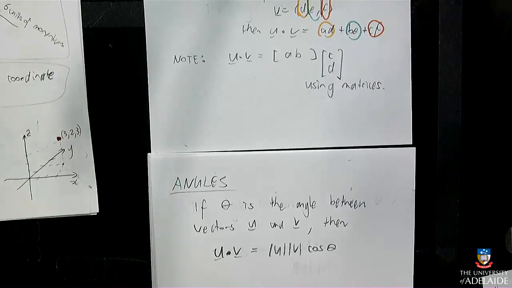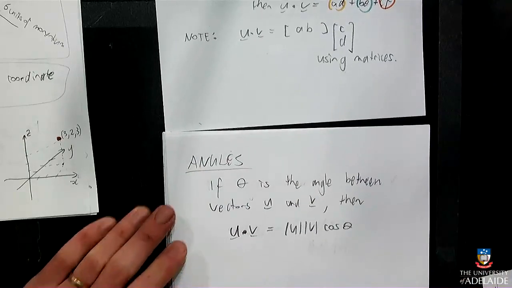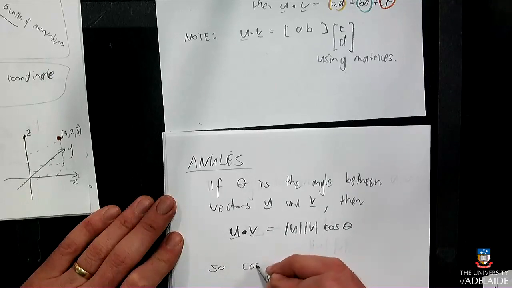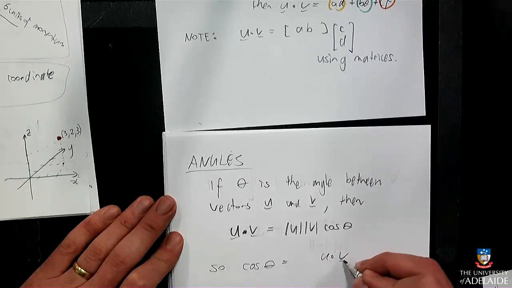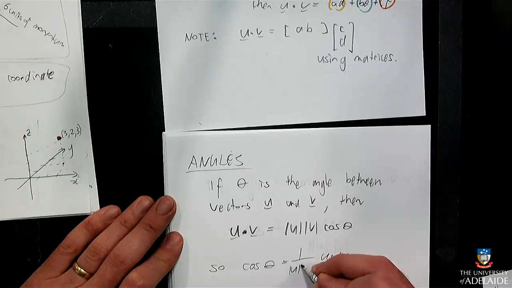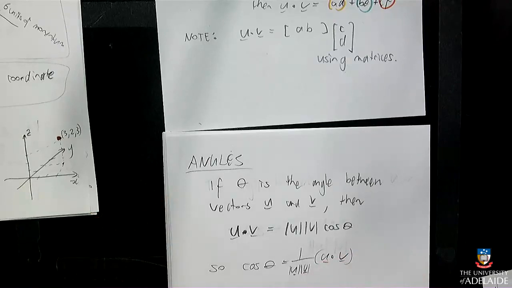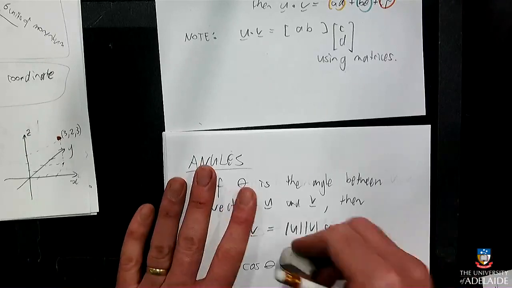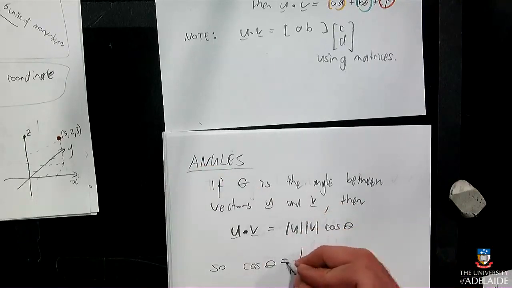So if they're pointing in the same-ish direction, the dot product will be higher than it will be if they're pointing at right angles to each other. And that's going to be really useful in a moment. Okay, some people write cos theta is 1 over the lengths of both of them times u dot v, if you like.